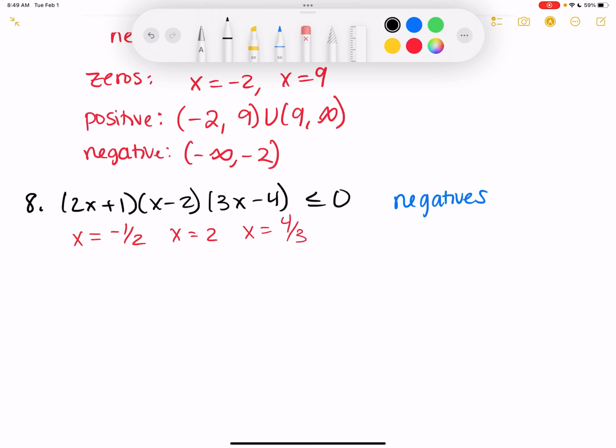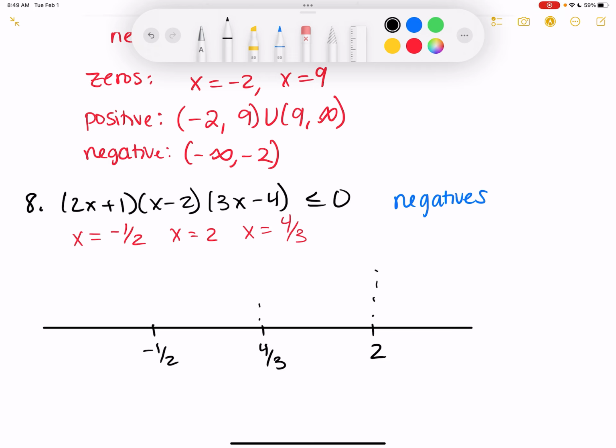So we're still going to do our sign chart. Now I've got 3 zeros going on, so make sure you put them in order. Negative 1/2, 4/3. I have to think about what goes in order. And then 2. Back to the pre-algebra number line days to get everything on here in the right order.